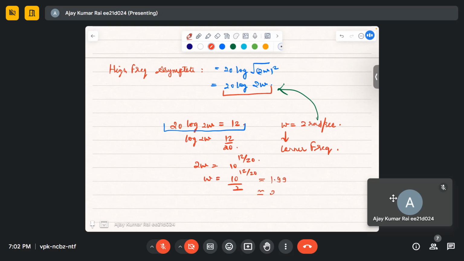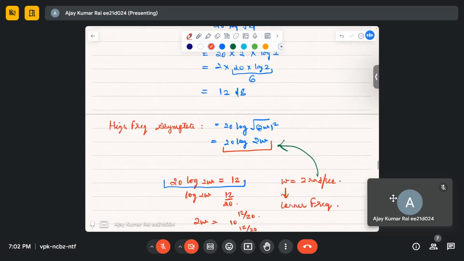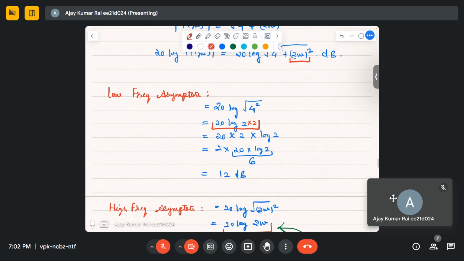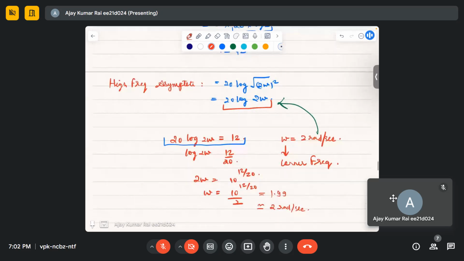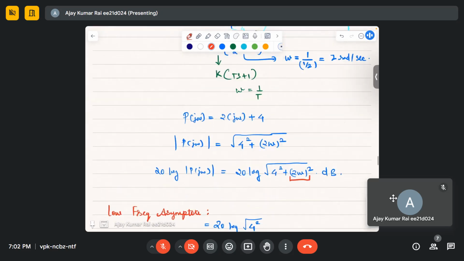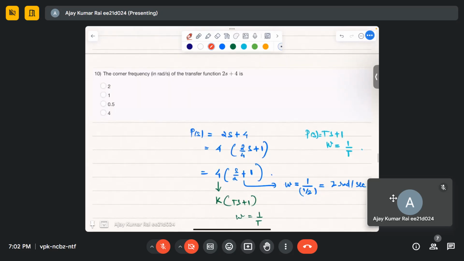So this is like 2 radian per second. But we know if we place omega equal to 2 in the high frequency asymptote, I will get 12 dB, right, from this simple. So this is the corner frequency, and the easiest part also we have seen directly. So the answer is 2 radian per second.